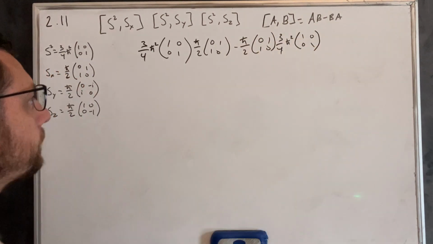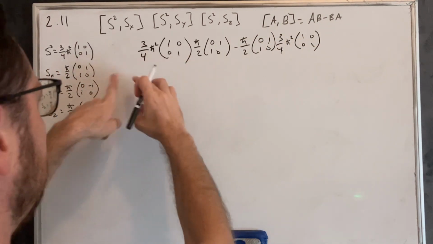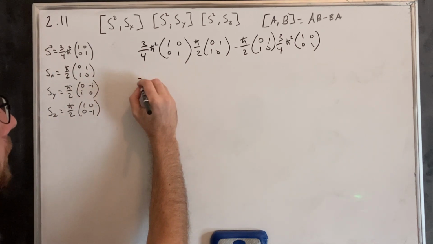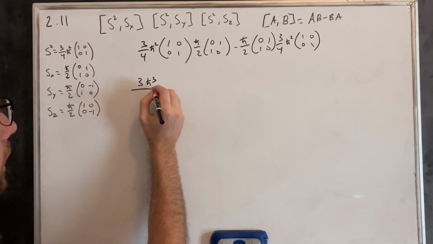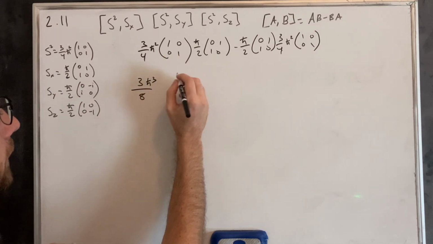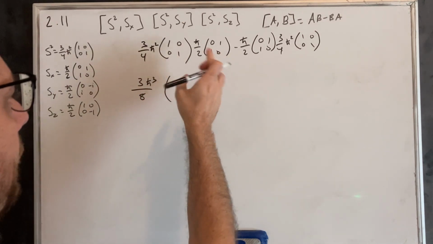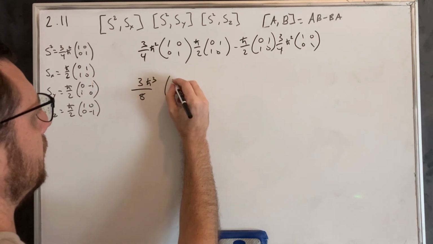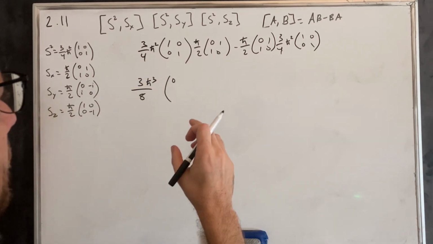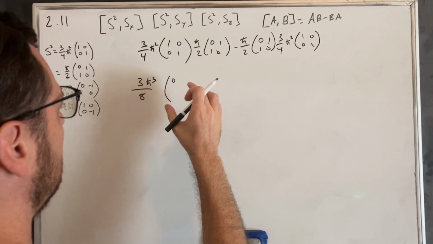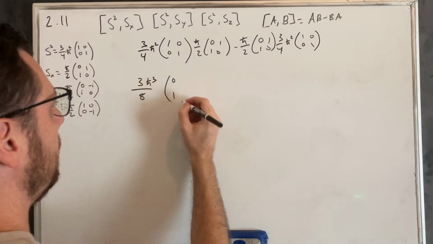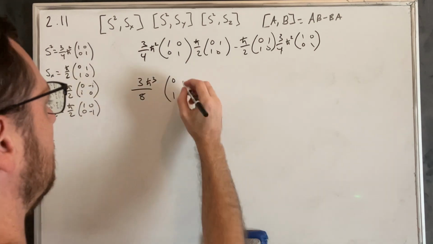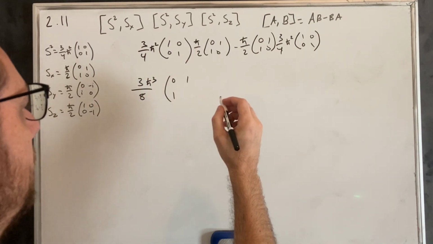All right, so we'll go ahead and pull these out here. We'll have a 3 h bar cubed over 8, and then the matrix will have 0 plus 0 is 0, 0 plus 1 is 1, 1 is 1, and 0 plus 0 is 0.